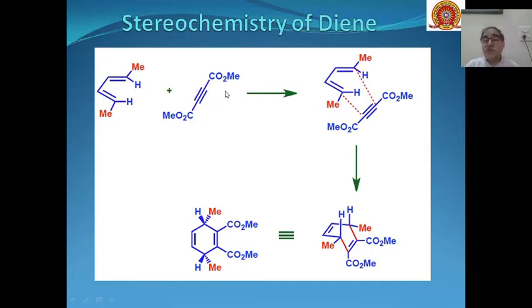So when these two undergo Diels-Alder reaction, this will be the bottom face approach of the dienophile to the diene, and you can see that when this approaches from this side, you will get these as the product. So this H will become in this plane and the methyl will become in this plane, and that is why you will get these types of product.